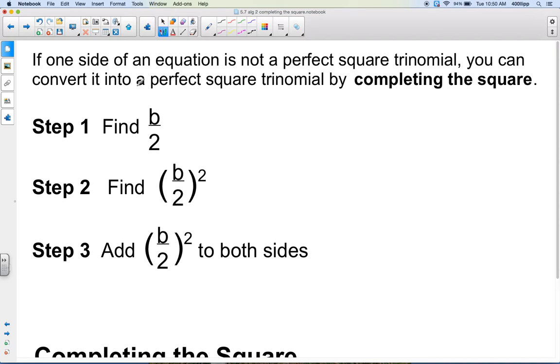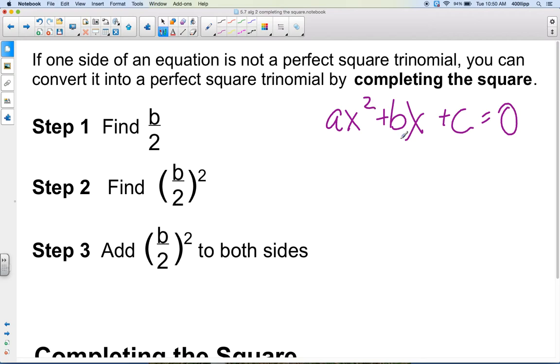So it says if one side of an equation is not a perfect square trinomial, like what we just had in the previous one, you can convert it into a perfect square trinomial by completing the square. So here are the steps that we're going to use. Step 1, find b over 2. And this is when it's in the form of ax squared plus bx plus c equals 0.